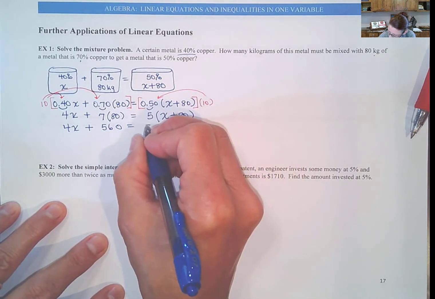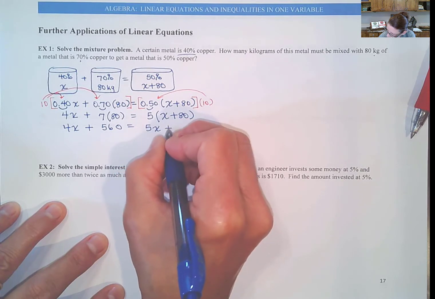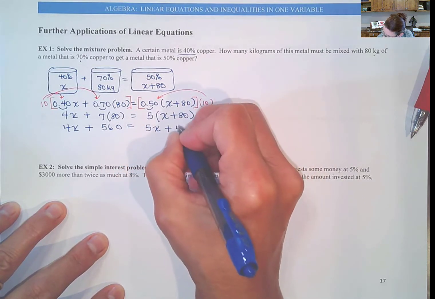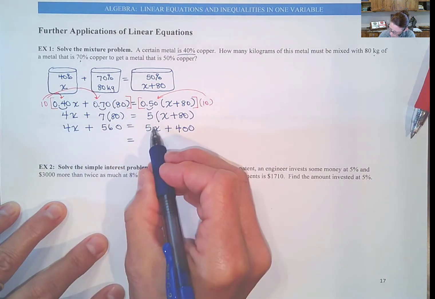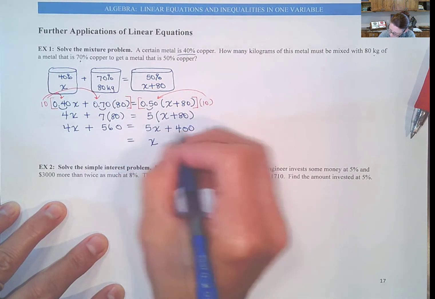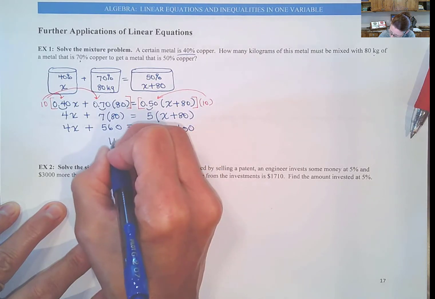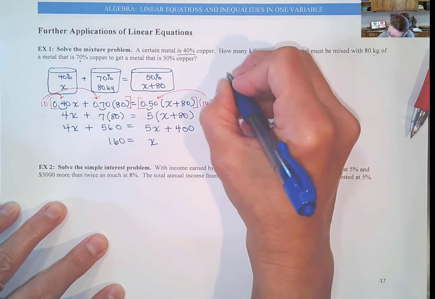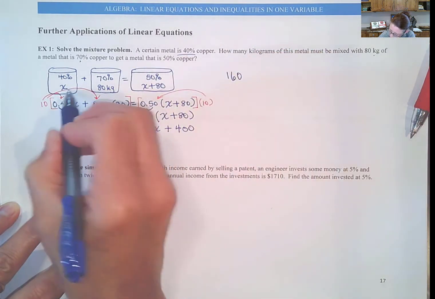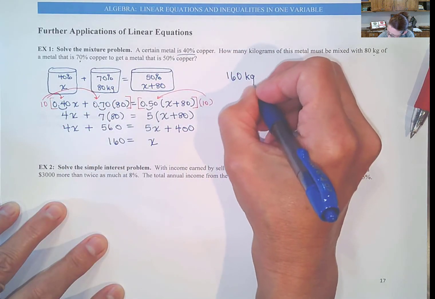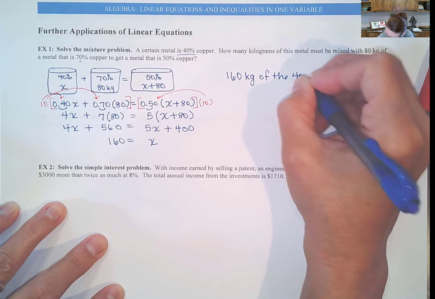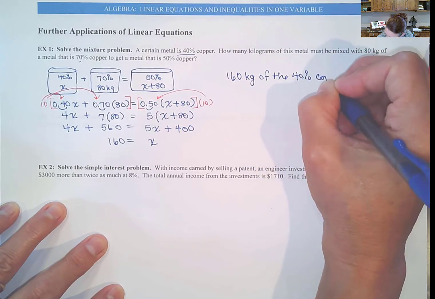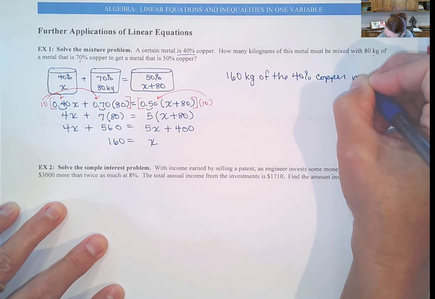Distributing on the right, we have 5x plus 400. I'm going to subtract 4x and subtract 400. So x must be 160, that's kilograms of the 40% copper metal.